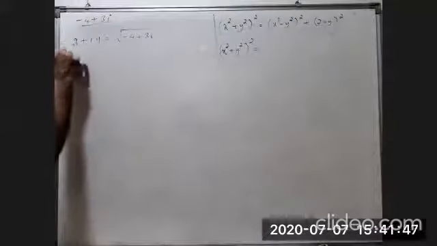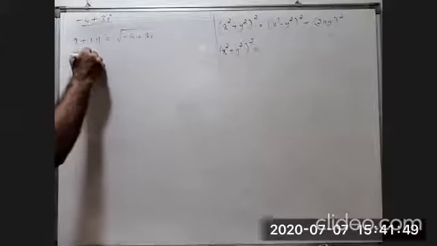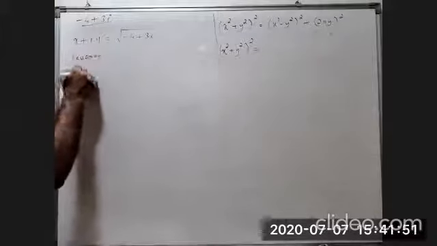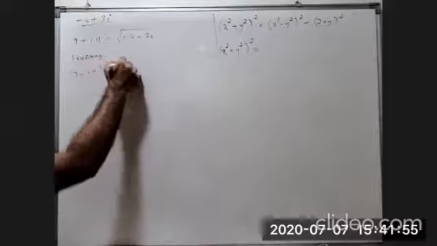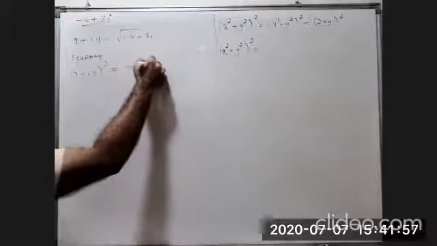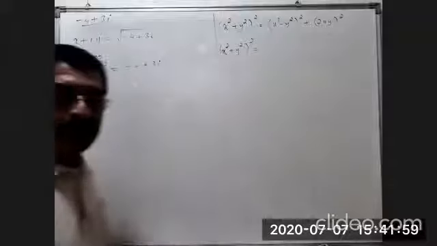Squaring. x plus iy, the whole square is minus 4 plus 3i. Expand.